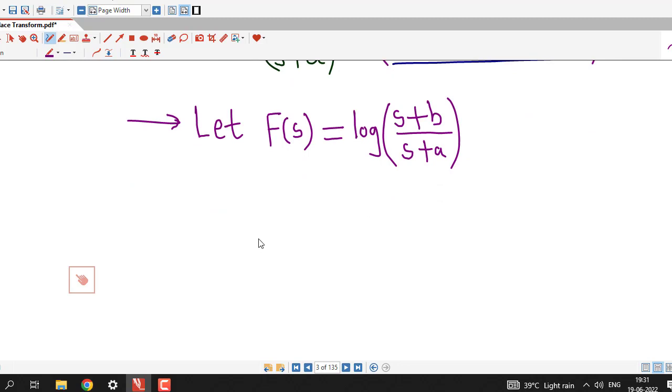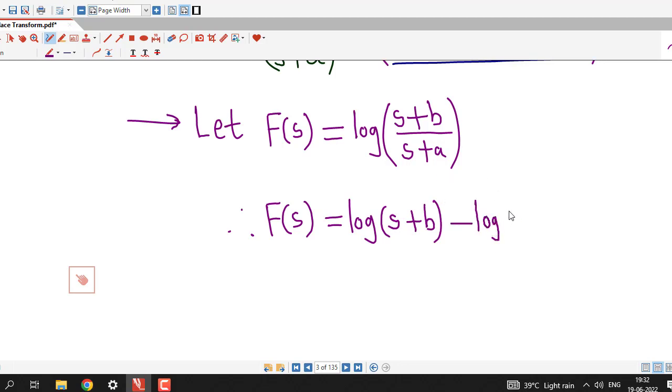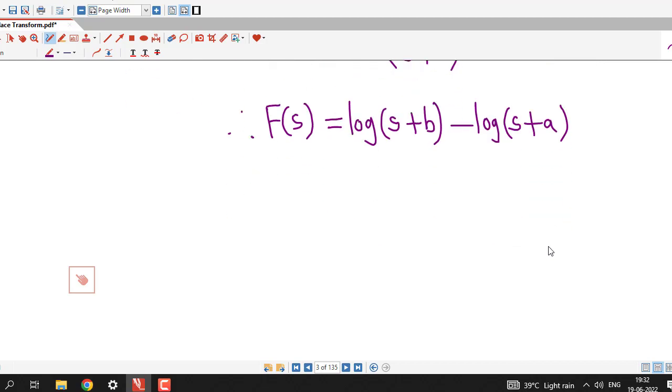Now we require the derivative of this function, but before taking the derivative we rewrite our function using the property of logarithm. Log of (s plus b) divided by (s plus a) can be written as log of (s plus b) minus log of (s plus a).